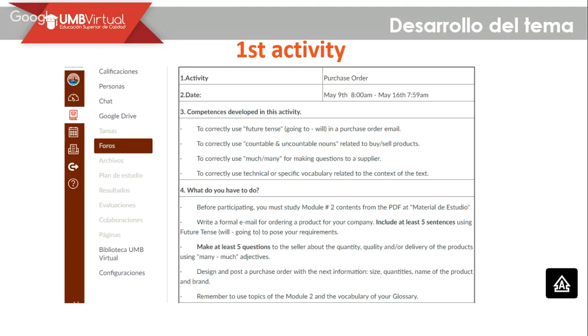You are going to participate, well, ordering a product for your company, including at least 5 sentences using future tense. We're going to post your requirements.